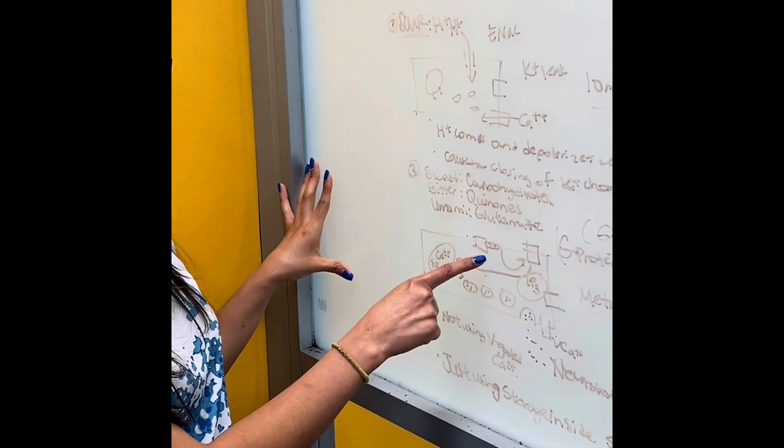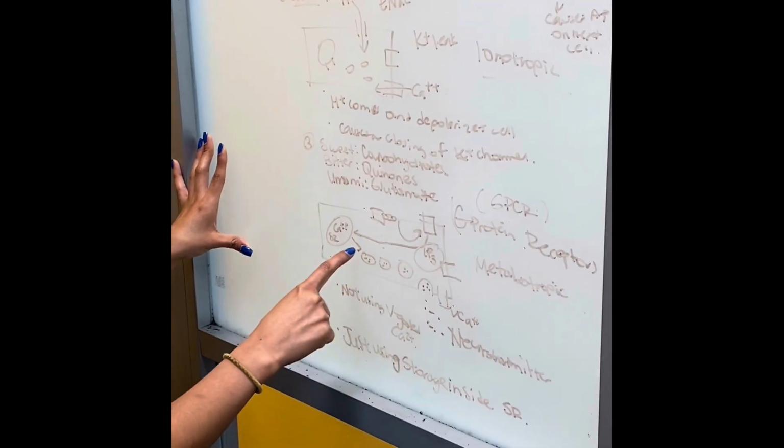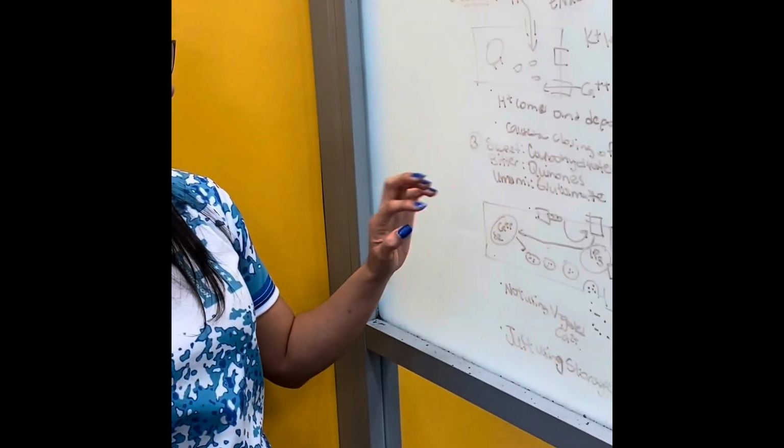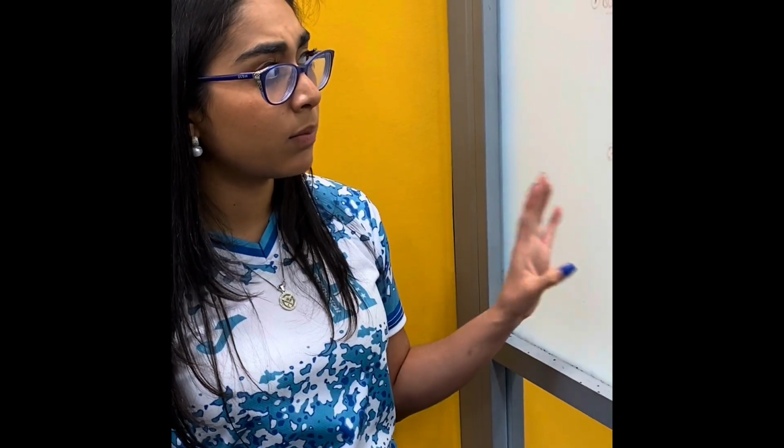Once that is activated, it will activate something else, and then we will have IP3 come in to our SR. Then our SR will release calcium, and that calcium will help release our neurotransmitter from the vesicle. Something very important to note here is that for the ionotropic, we're bringing things from outside the cell to depolarize it. However, for the G protein in here, sweet, bitter, and umami, we're using calcium inside to depolarize the cell and cause the action potential.